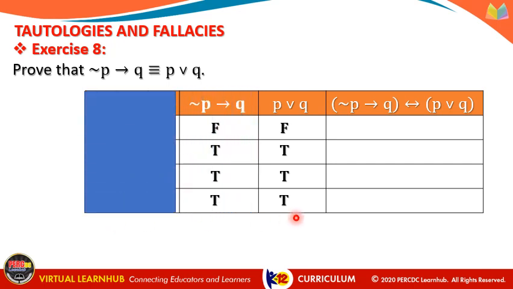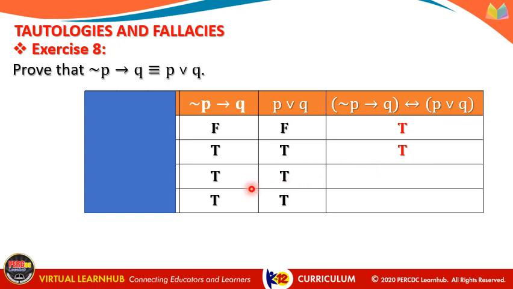Now that we have obtained the truth values of the left proposition and the right proposition, let us now take the biconditional proposition right here. Again, let's apply the concept of biconditional propositions. False, false will give us true. True, true will give us true.